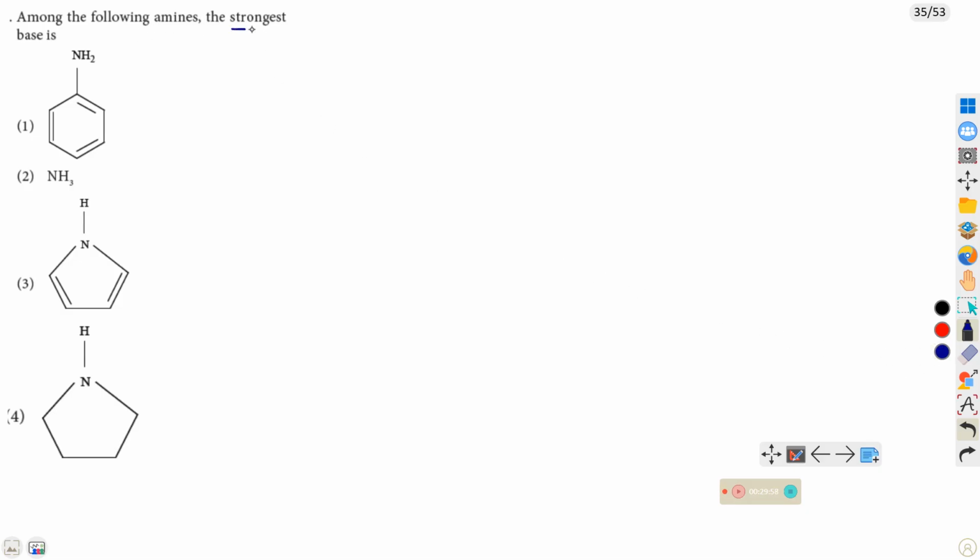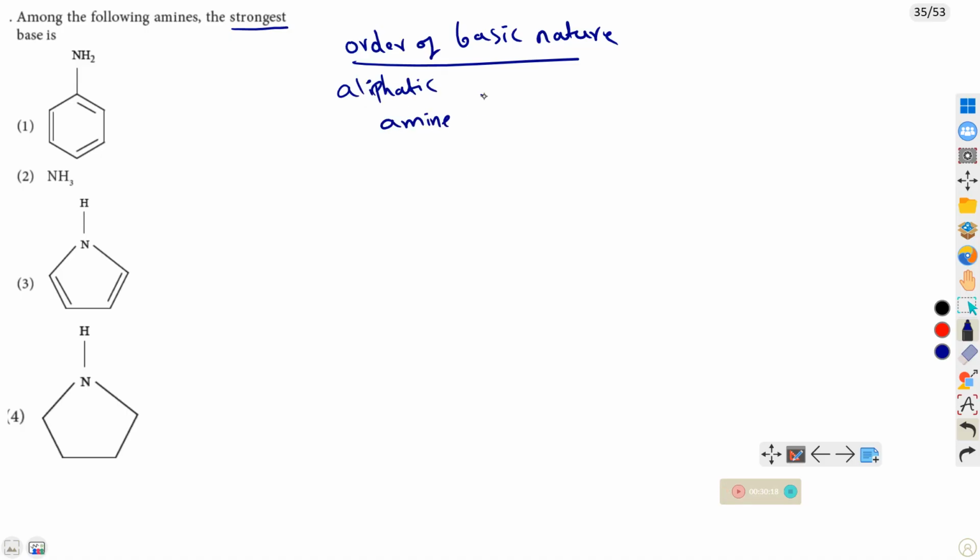Which of the following is the strongest base? Order of basic nature: aliphatic amines are more basic, after that ammonia, finally aromatic amines. Which is aliphatic?